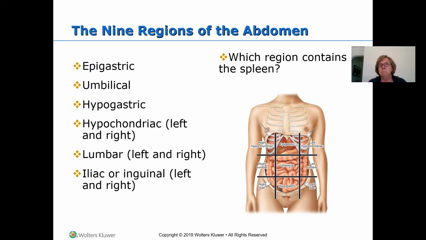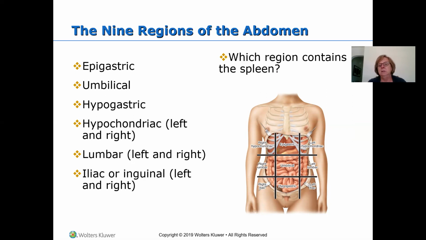The middle, where our navel is, is called the umbilical, and then the lowest portion, in the middle of the body and closest to our genital area, is the hypogastric.